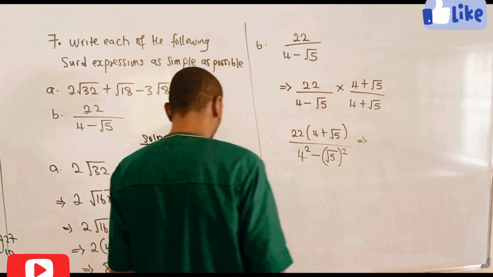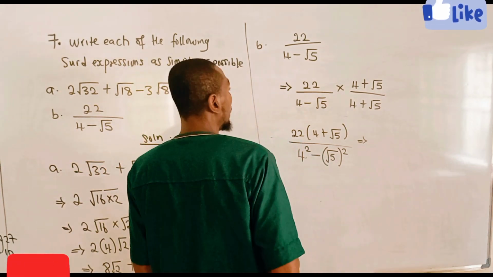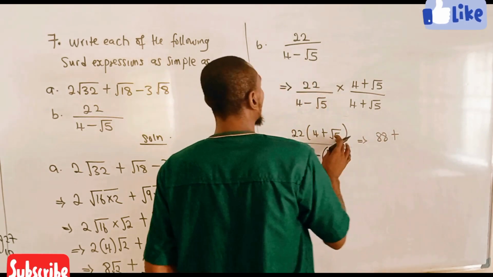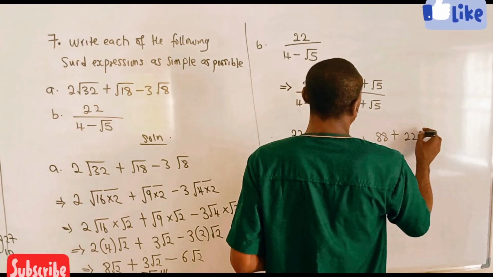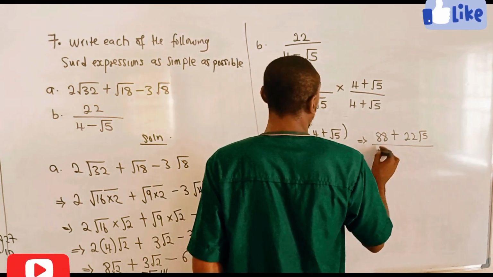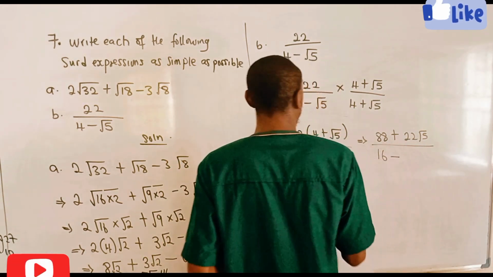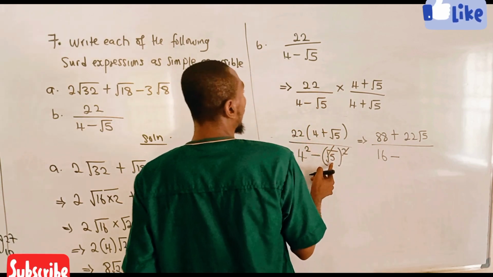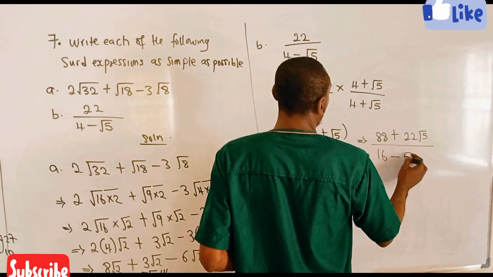22 times 4 will give us 88. We have 88 plus 22 multiplied by root 5 is 22 root 5. Okay? All over 4 squared is 16 minus, of course, root 5 squared is 5 to cancel the surd. We now have 16 minus what? 5.